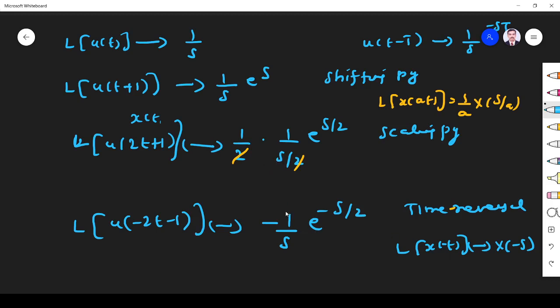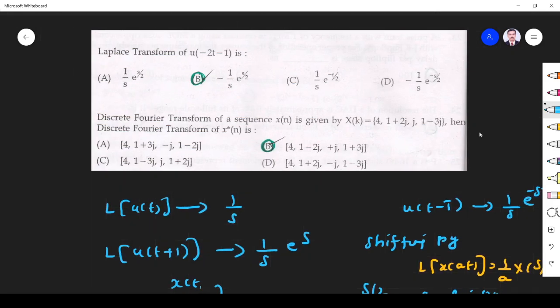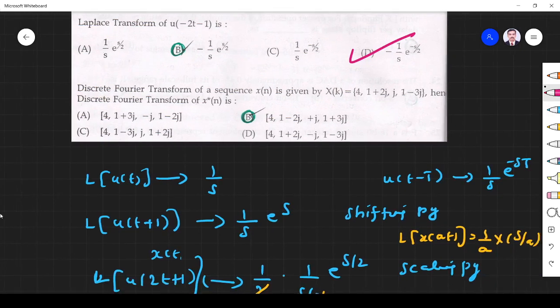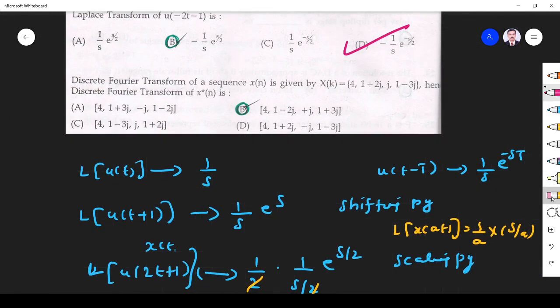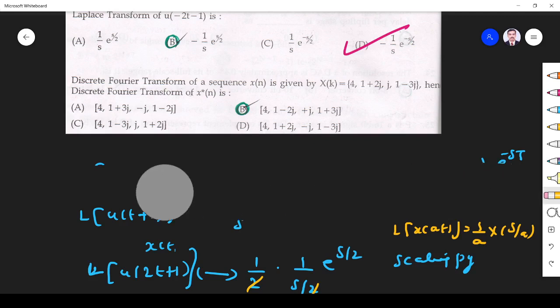So it is 1 by minus s minus 1 by s, e power minus s by 2. So option D is the correct answer. Right? So it is a simple problem, but you must be very careful.